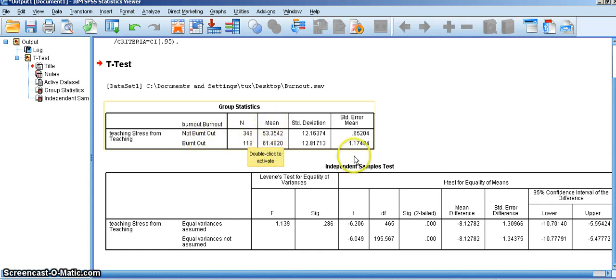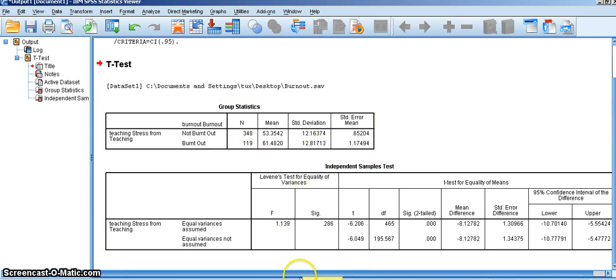Also, it tells us what the averages are for our variables. So we have 53 average score of stress related to teaching for the non-burnout, and 61 for the burnout group. Of course, we have the standard deviation.